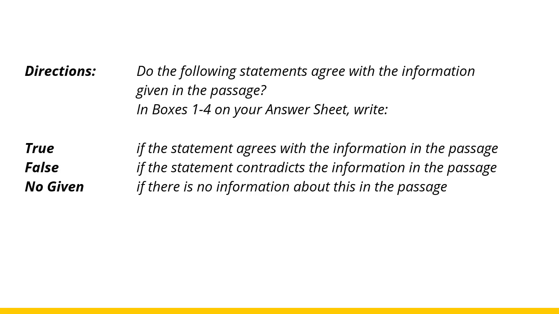Sometimes you might have 5 statements, sometimes it can be 3, and it can vary depending on the task. So for example, when your statement agrees with the information in the passage, your answer will be true. If the statement contradicts the information in the passage, your response will be false. And if you cannot find any information, just like in your statement, the response will be not given.